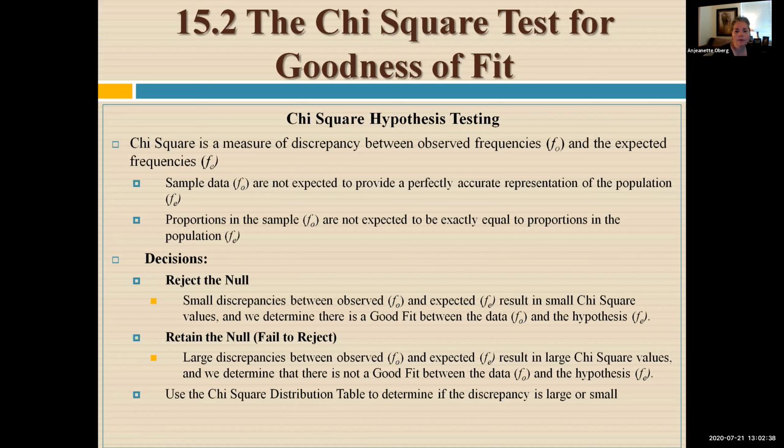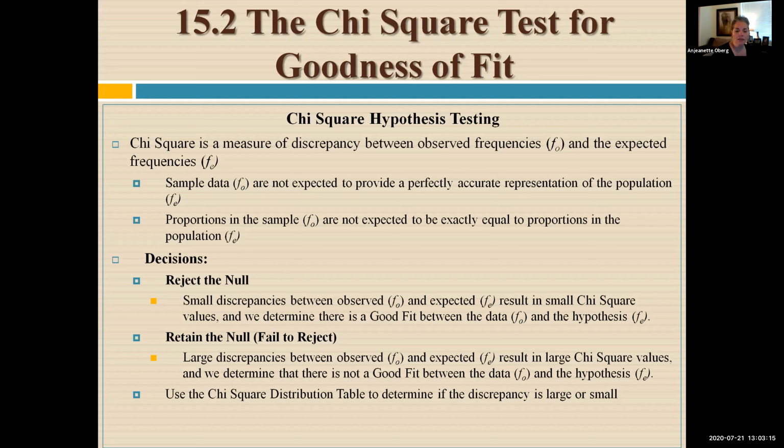So a chi-square is essentially looking at the discrepancy between observed and expected frequencies, where observed are the actual raw data we get from the sample, and expected are determined based on the population, right? Or based on an assumption of no differences, a null hypothesis. So either we're saying there's no preference, so that all of the categories should be distributed equally, or we're assuming that we're comparing them to the population, okay?